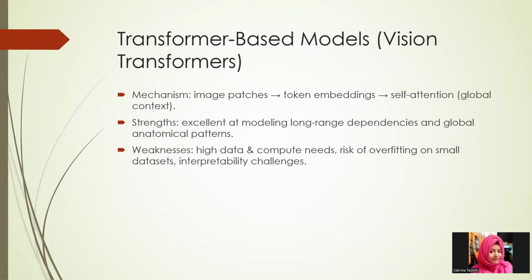The next model we are using here is the transformer based model. Vision transformers process images differently than CNNs. Instead of convolution, they divide the image into fixed size patches. Each patch is converted into a token embedding and processed using a self-attention mechanism. Self-attention allows the model to examine the relationship between all image regions simultaneously. So this gives the transformer a global receptive field.